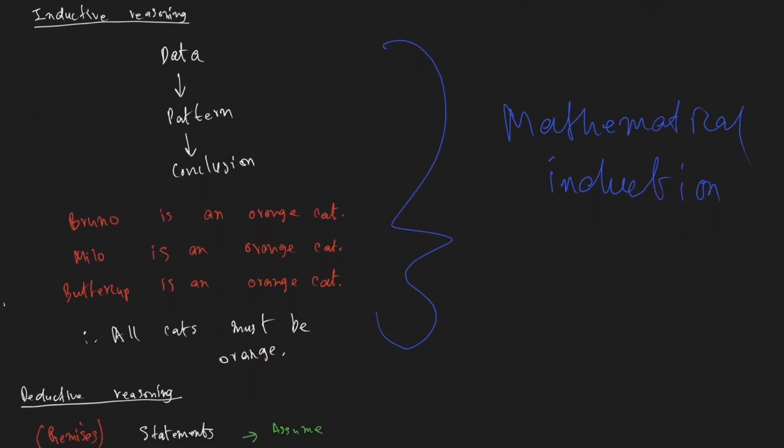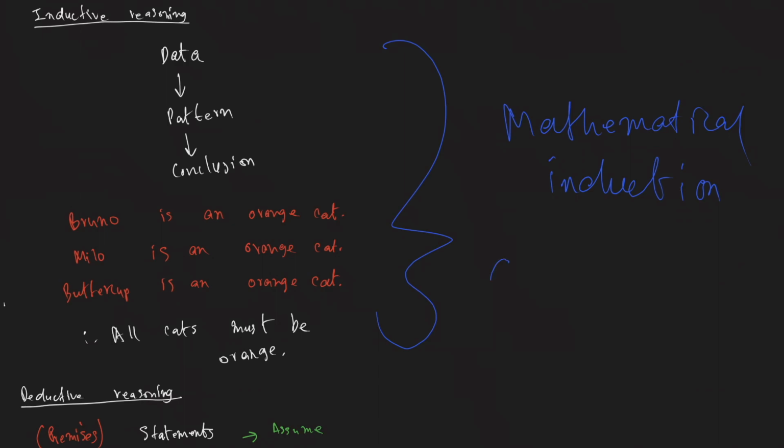Now, I'm going to give a specific example, but for now I'm going to speak pretty broadly. So first, like in math, you have a bunch of data, you observe a pattern in that data, and then you conjecture or you propose something. You state that this property or this pattern that I've observed is true for a much larger set of objects.